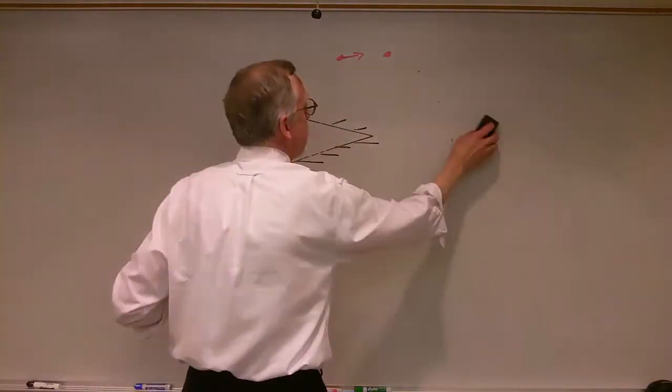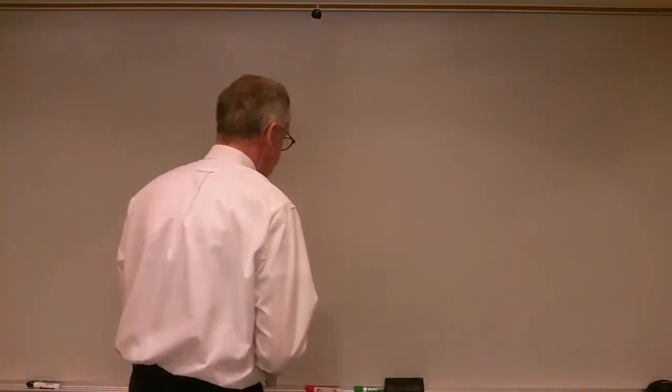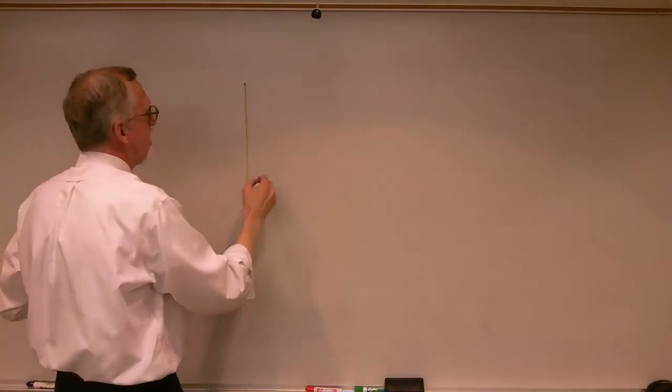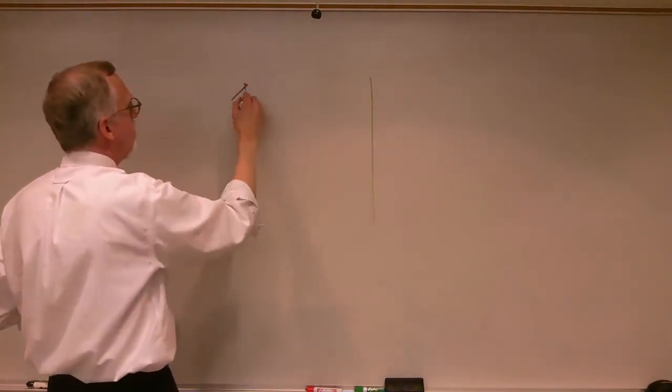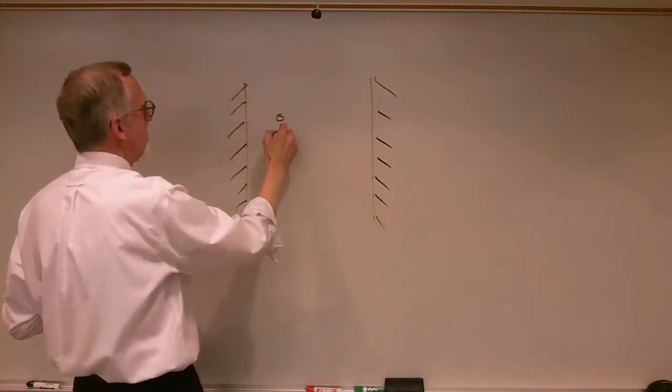Something else that you might have run into is what happens if you have two mirrors that are parallel to each other but with reflecting surfaces facing each other. And maybe you're standing right here.